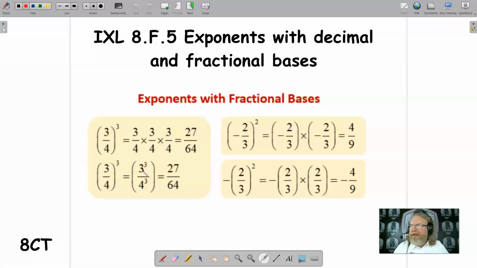Basically, take this exponent that's outside the parentheses of the fraction, and apply it to both the numerator and the denominator.